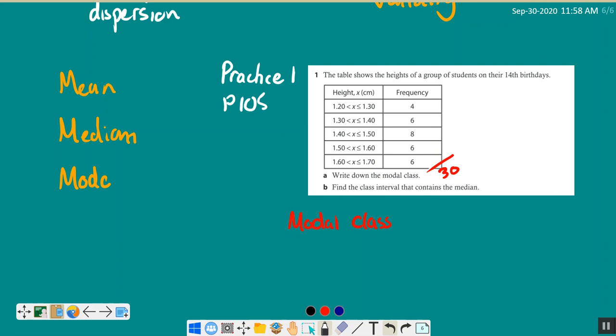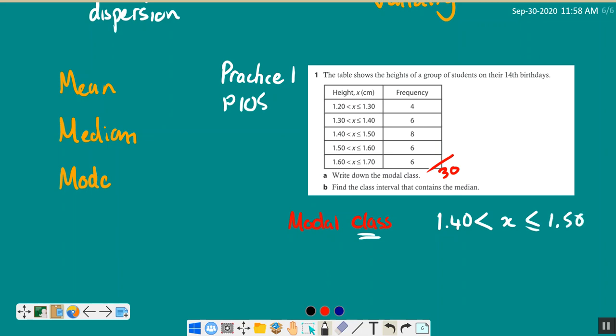Mode. Just asking for the mode. But remember I said modal class is just different vocabulary because it's not raw data. When I say modal class, I'm asking for the class interval with the most in it. And which one's that? 1.1 and 1.5. Thanks, Cameron. Your voice went a bit higher than normal, but yes, the modal class is 140 to 150.